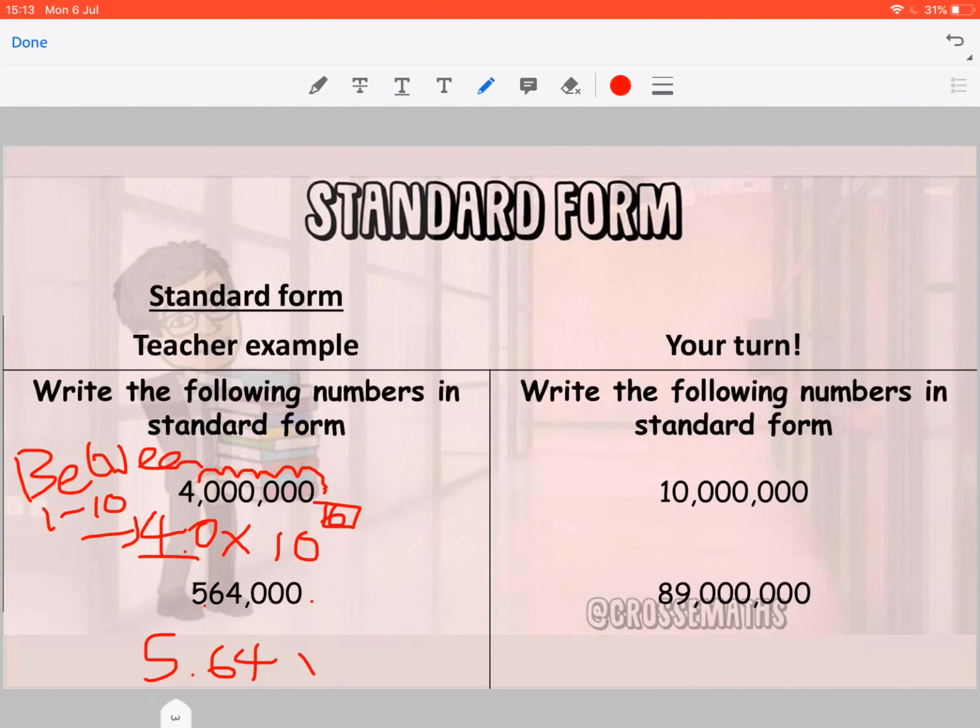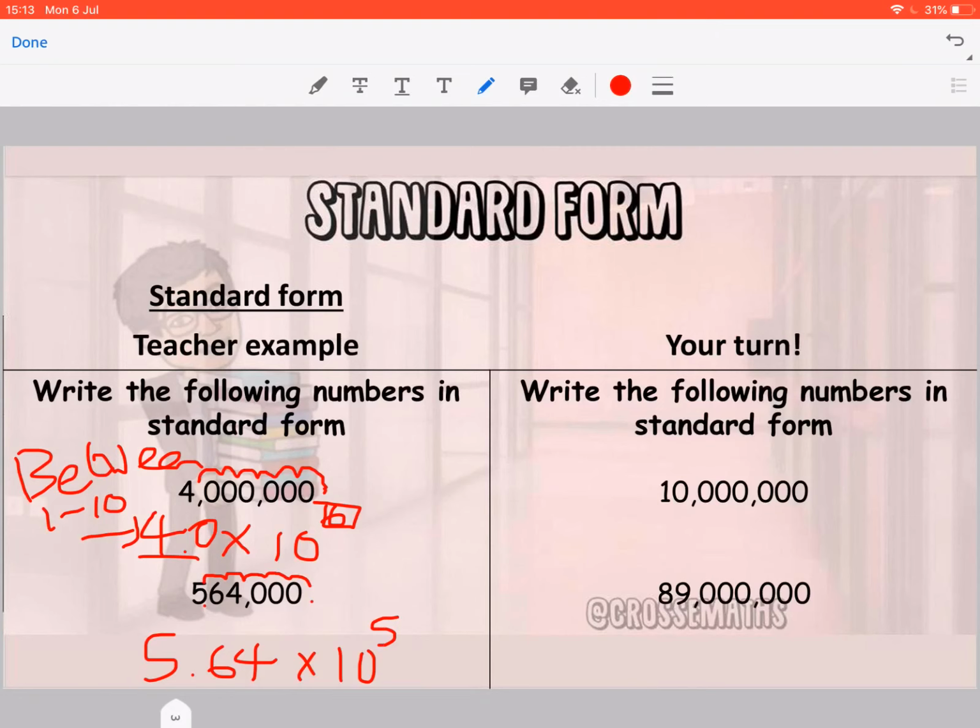The decimal point will move 1, 2, 3, 4, 5 spaces. So my number is going to be 5.64 times 10 to the 5. Okay, guys, pause the video now, make sure those 2 examples are written down, and have a go at the ones on the right hand side.